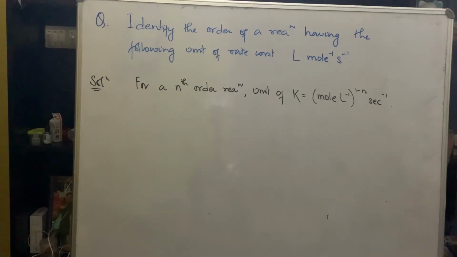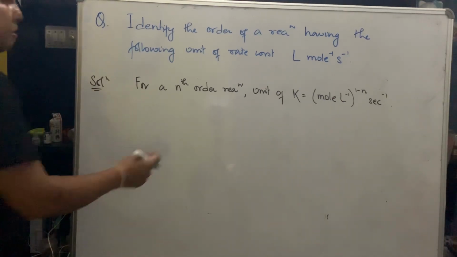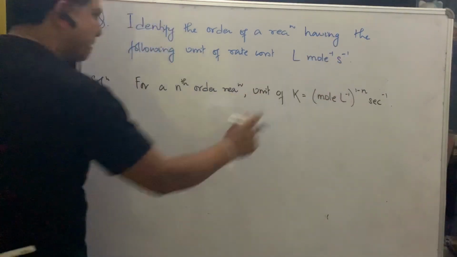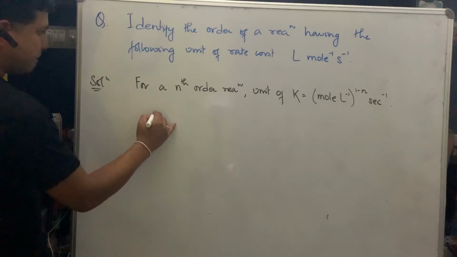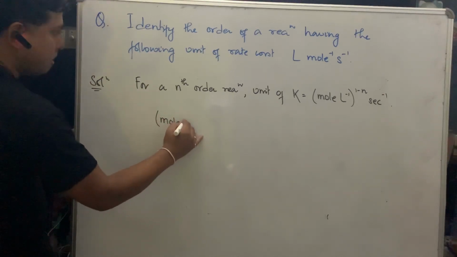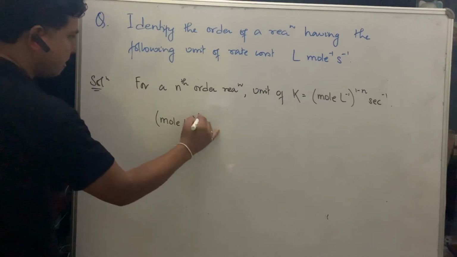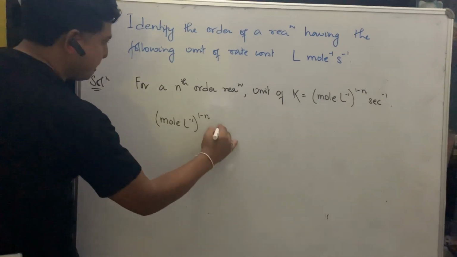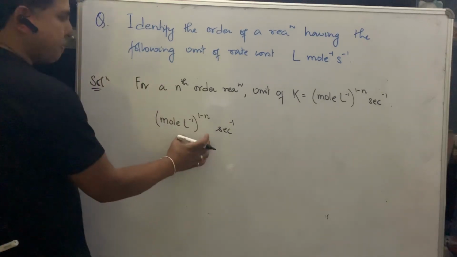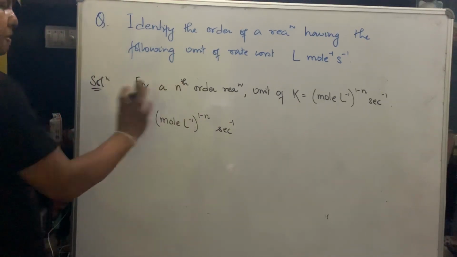This is the unit of K for an nth order reaction. We don't know the order, we have assumed it to be n. This is the expression for the nth order reaction, which we don't know.